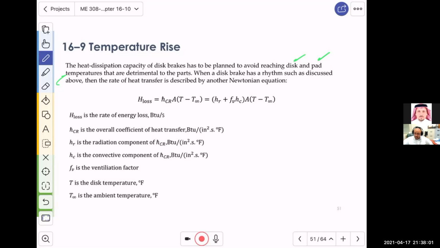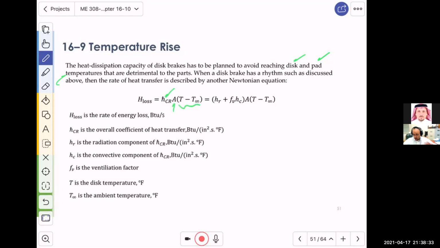So the heat loss becomes very important. We want to know how much we are losing, because we don't know when you might push the brake again, before we dissipate too much heat. So the heat loss is equal to HCR, which, if you recall from chapter 12, combines both radiation and convection heat transfer together, multiplied by A, the area, multiplied by the difference in temperature.